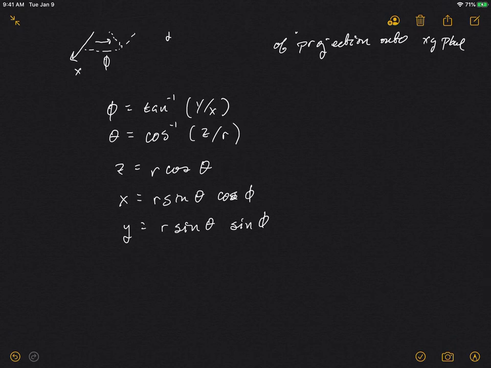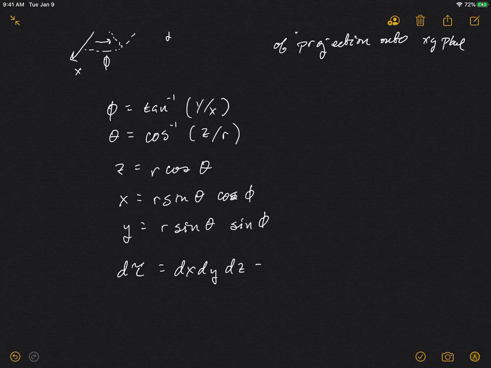Another thing that we'll need is in the case of integrating, and I encourage you to look at other sources to help explain spherical polar coordinates if you need more of a review. Our differential volume element in Cartesian coordinates is dx dy dz.